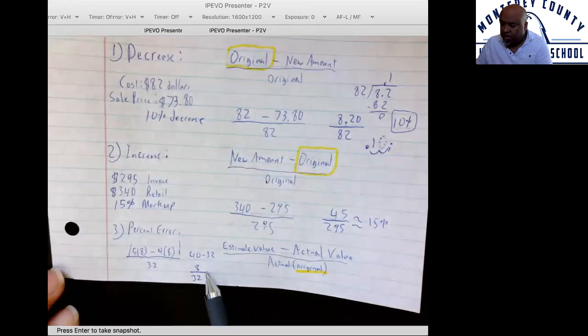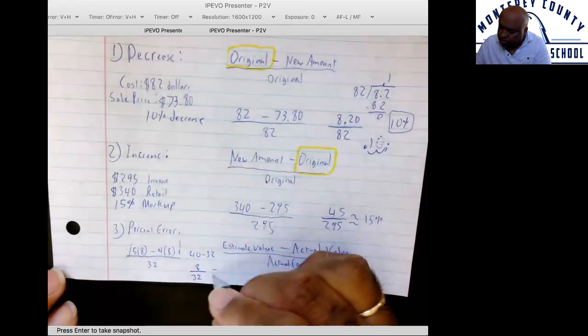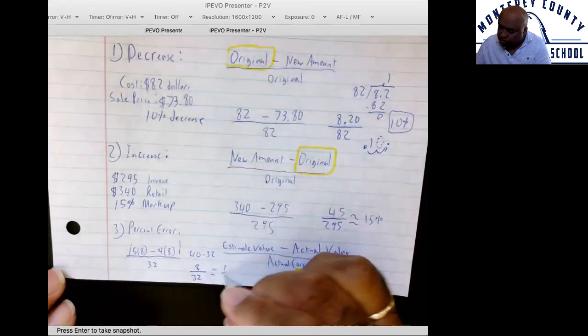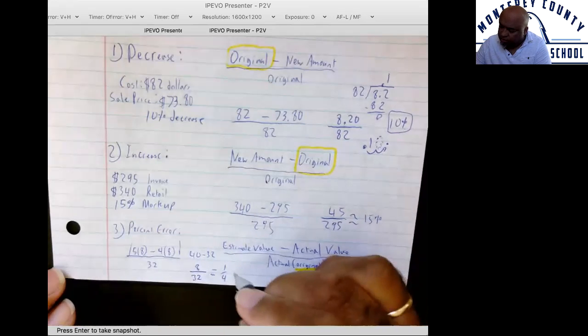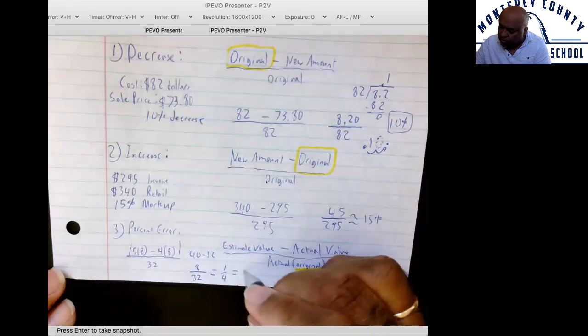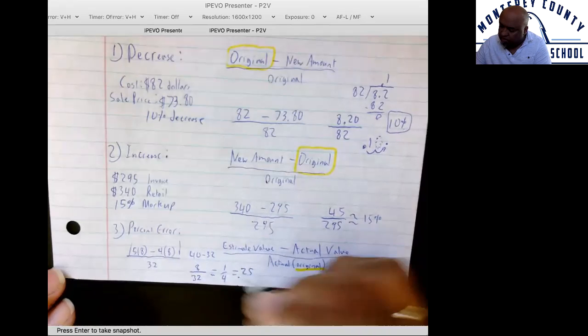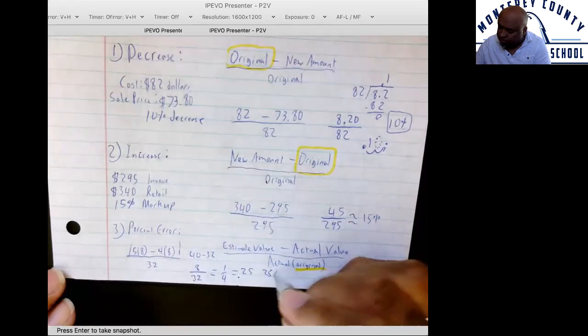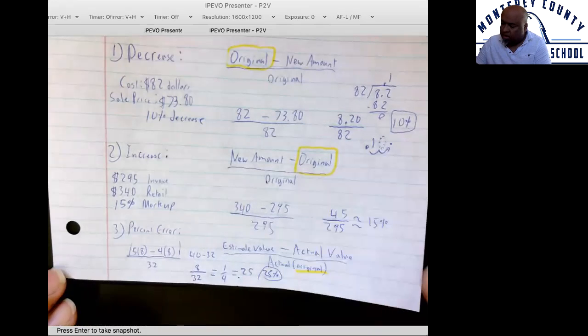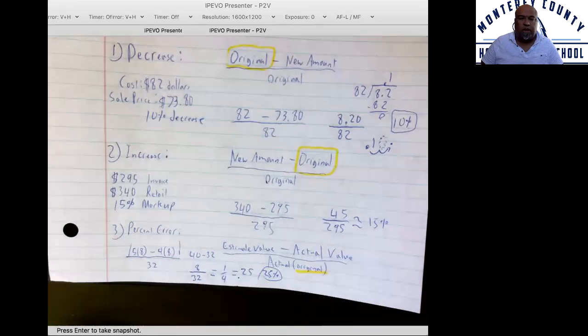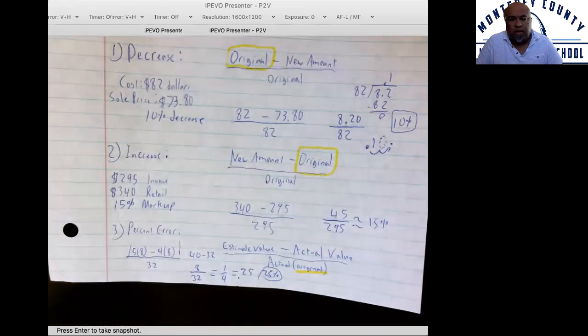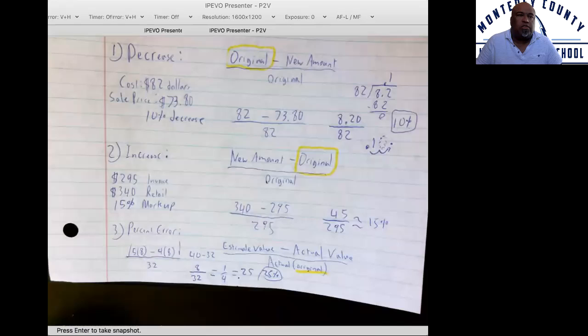Okay, so I have 8 over 32, which reduces to 1/4 as a ratio or as a fraction, but can also be written as 0.25 or 25%. Okay, so that means that the margin of error here is 25%. Okay, now in that case, margin of error is just a percentage used to show how accurate something is.